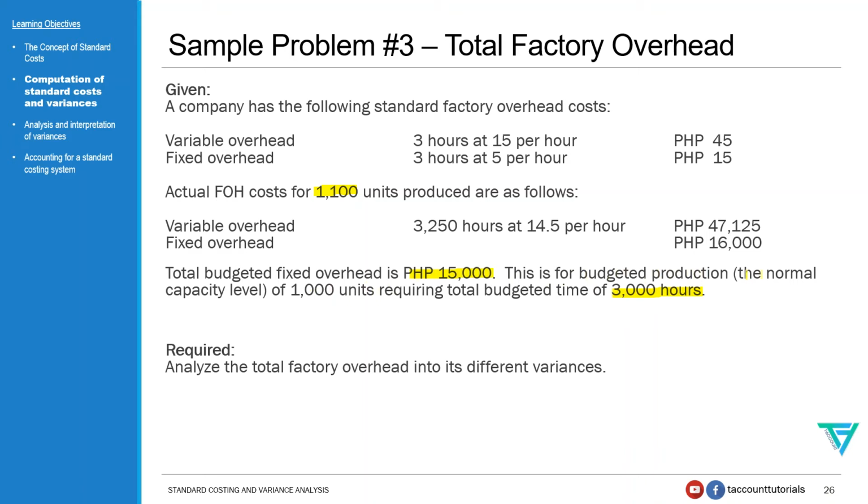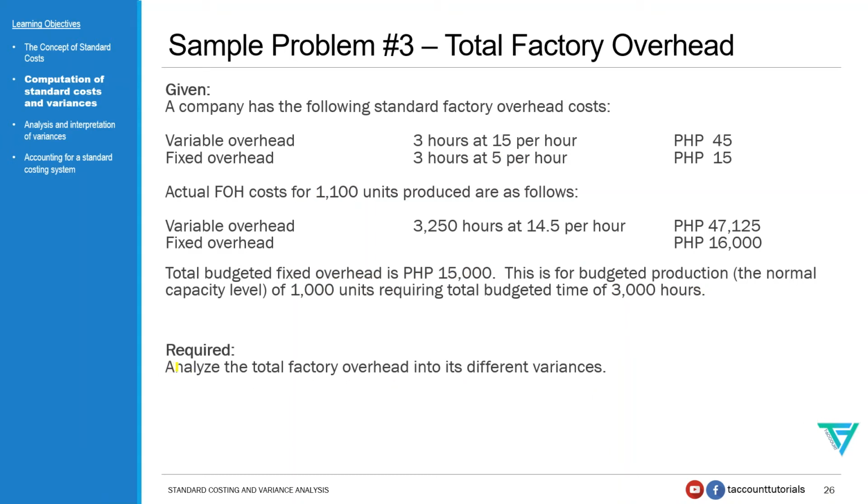Total budgeted production or the normal capacity is 1,000 units, requiring total budgeted time of 3,000 hours. So we can arrive at 15,000 similarly as the fixed budgeted overhead by getting the total budgeted time of 3,000 hours and multiplying that by 5 per hour, right? So that gives us the same amount of 15,000. So the problem might as well not have included this amount. We could still arrive at the total budgeted fixed overhead. All right? So that's that.